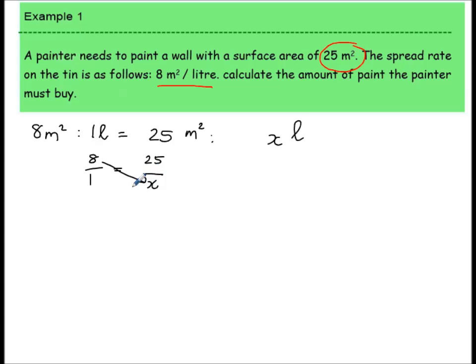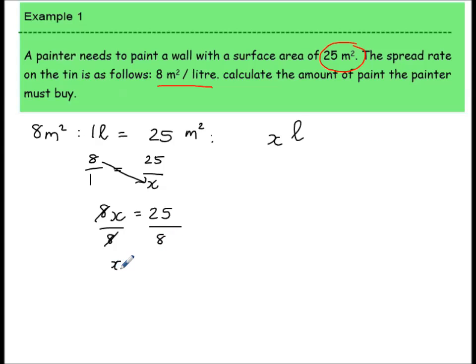8 multiplied by X is 8X equals 25. We have to get 8 on its own, so we divide by 8 so that would cancel, and we're left with X. What we do to the one side, we do to the other.